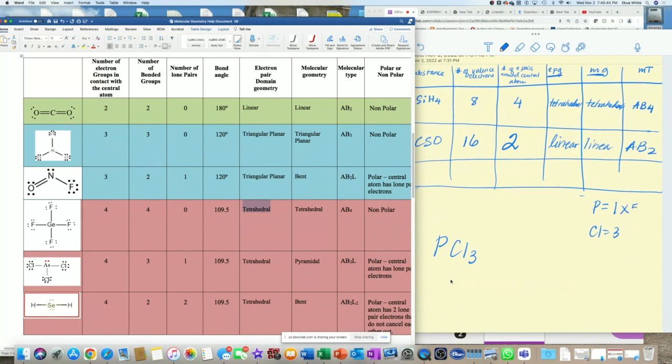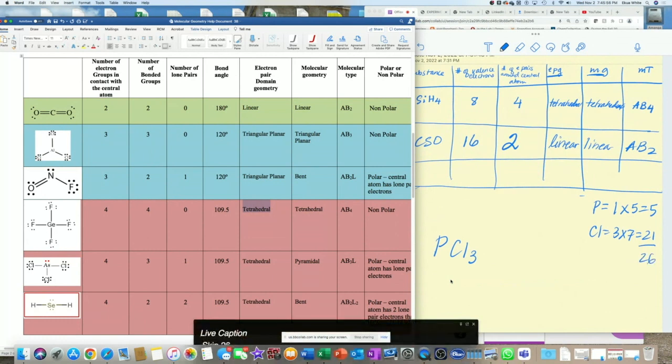Phosphorus is in group 5, correct? And then chlorines, each chlorine is in group 7, so we have 21. So we're working with how many? 26 electrons. So I'm going to write here PCl3. And this is going to be 26 electrons based on what I got.